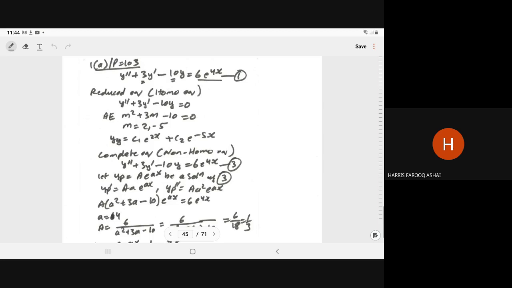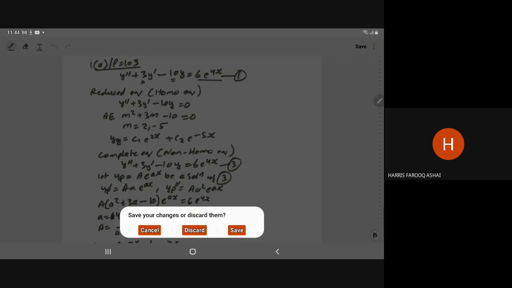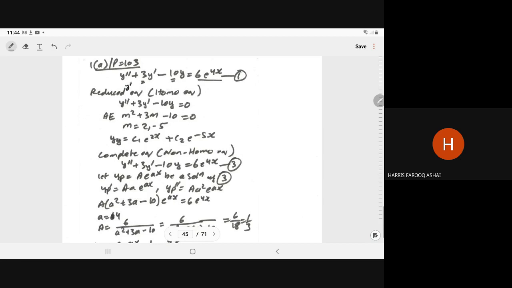So here we have y double dash plus 3y dash minus 10y is equal to 6 e to power 4x. If you compare with the standard one, it will be y double dash plus py dash plus qy is equal to any constant, you can say c, e to power ax, that you are writing.